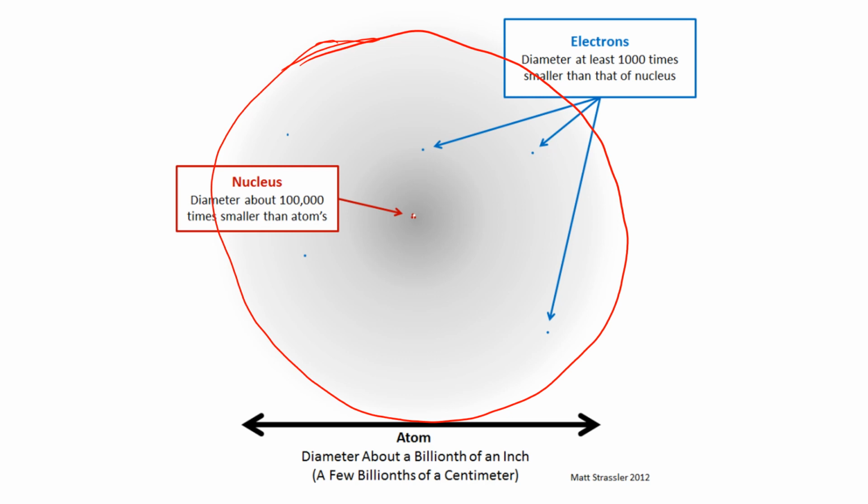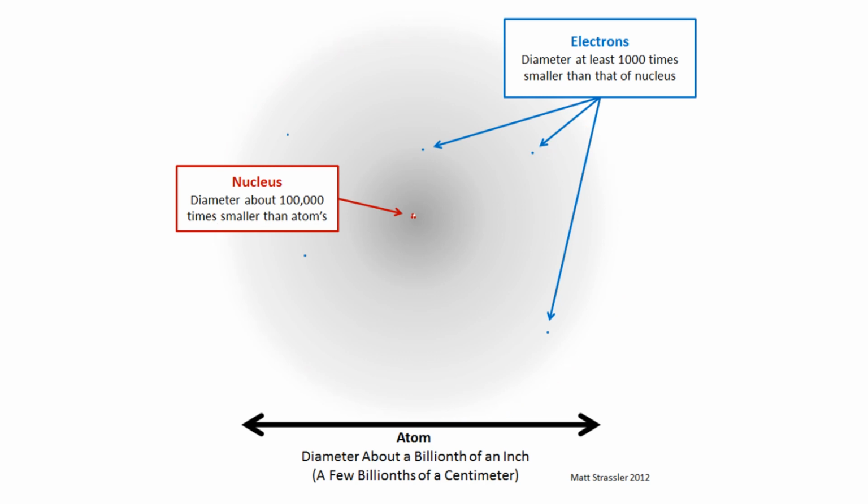And so when Rutherford was doing his experiment, he was shooting millions and millions of alpha particles at it, and most of these alpha particles would just go right through. The only ones that bounced off of it were the ones that hit this tiny little nucleus right in the center, which was not a very large target. And that's why most of the alpha particles went straight through the gold foil.